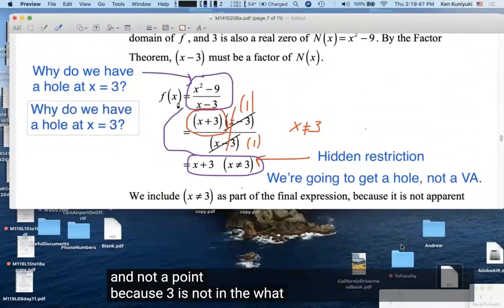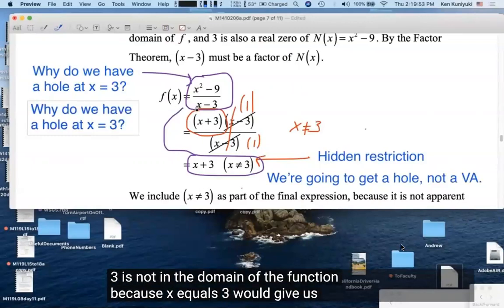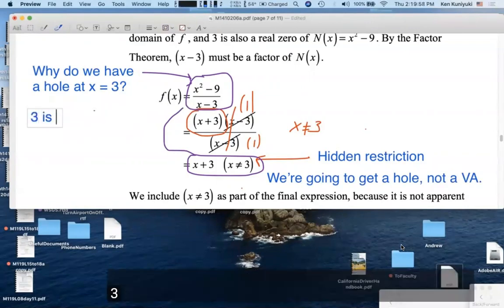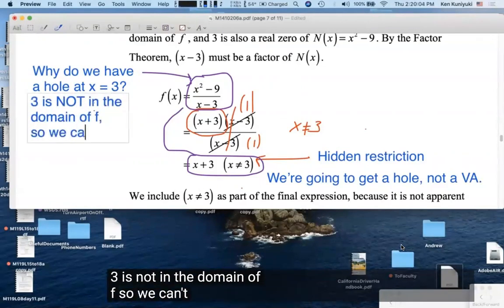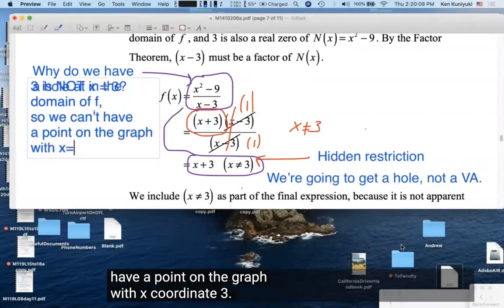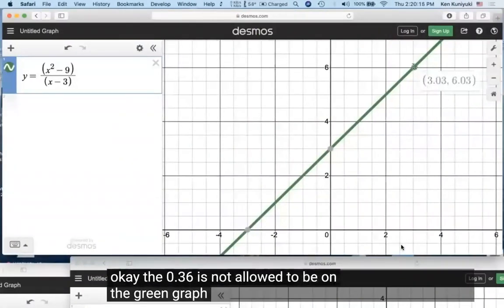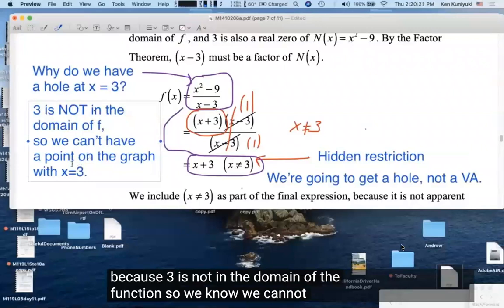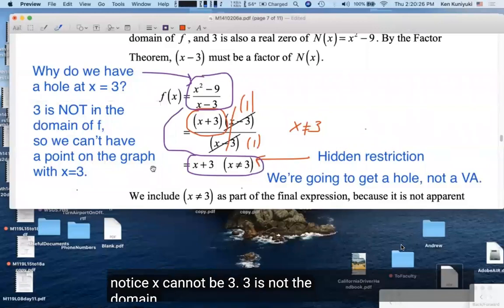Because 3 is not in the domain of this function. 3 is not in the domain of the function because x equals 3 would give us a 0 denominator. 3 is not in the domain of f, so we can't have a point on the graph with x-coordinate 3. The point 3, 6 is not allowed to be on the graph because 3 is not in the domain of the function. So we know we cannot have a point on the graph. Notice x cannot be 3. 3 is not in the domain.